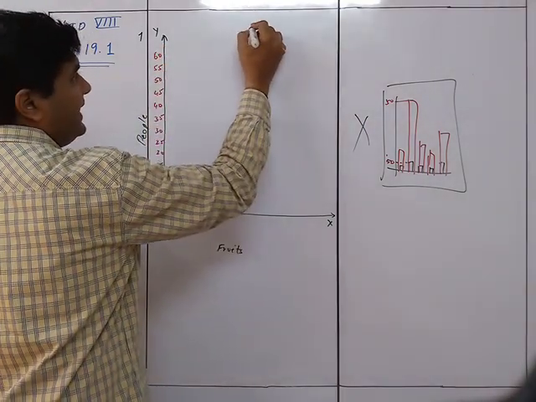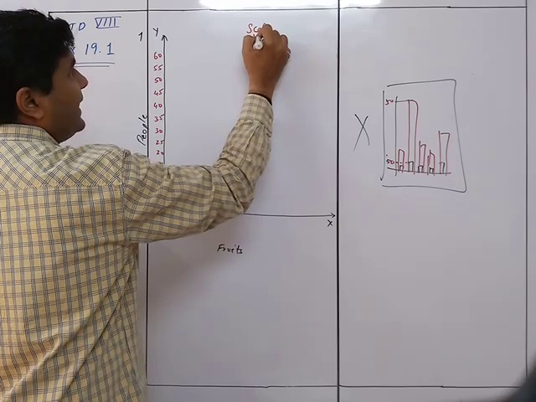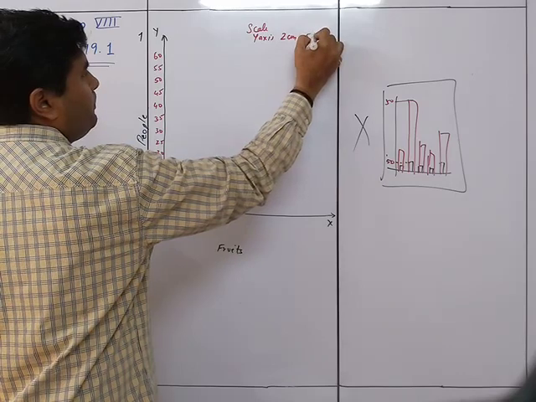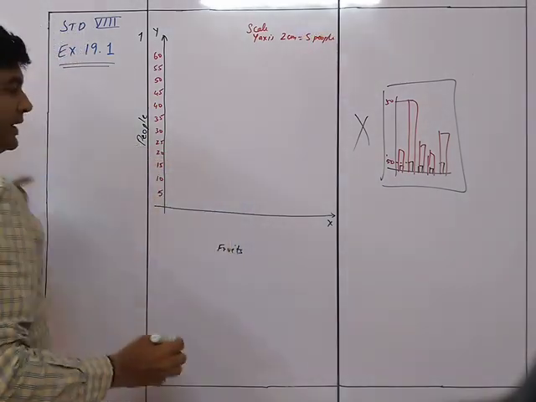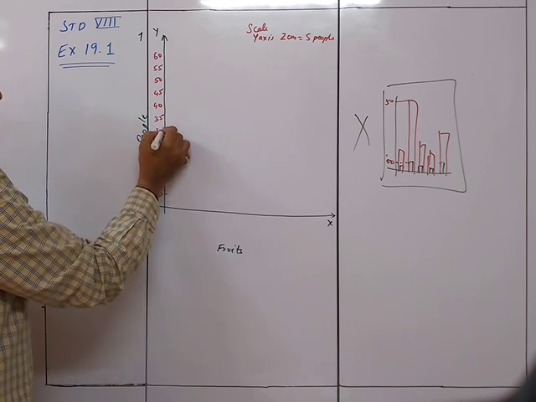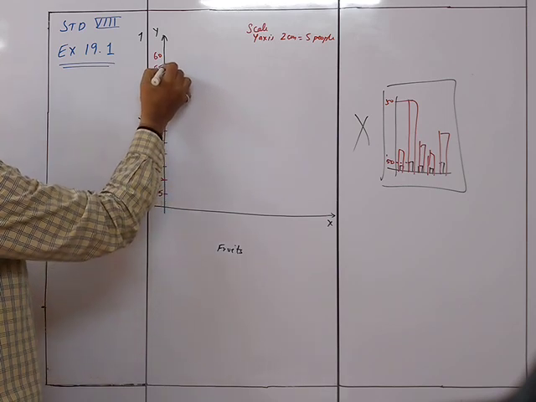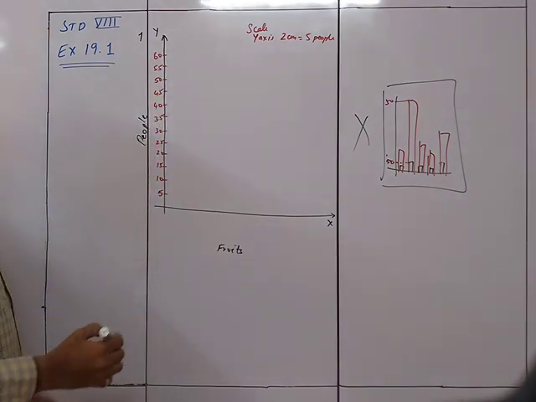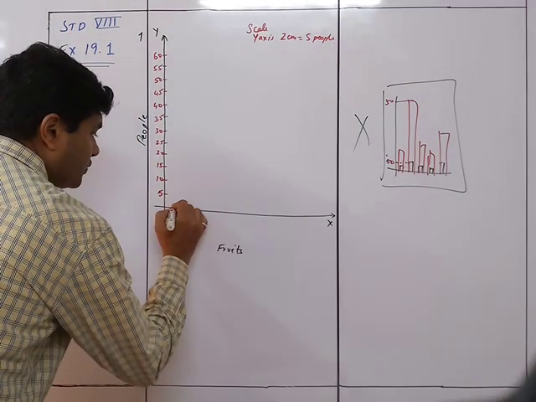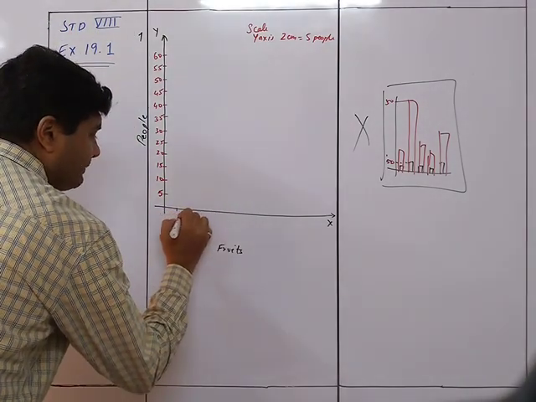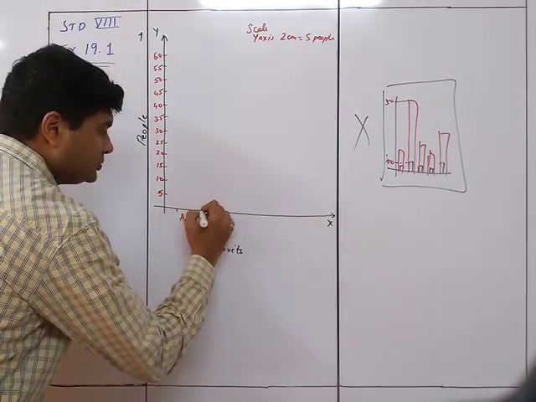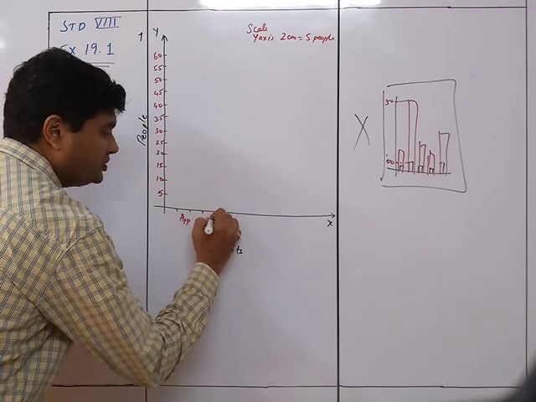That means the scale on the y-axis is 2 centimeter equals 5 people. Understood? Now, here are the different fruits. The first fruit here is apple. The second one is orange.